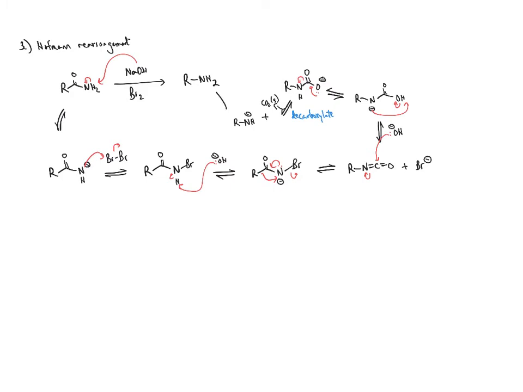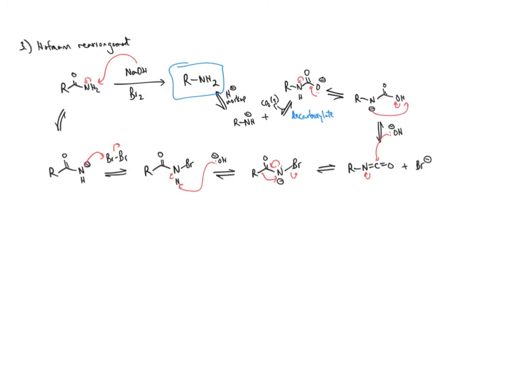And so all we have to do here is work up this reaction with a proton source, something like a strong acid, HCl or sulfuric acid, and we get the free amine again. So the Hofmann rearrangement and the Curtius rearrangement, if you're using the appropriate nucleophile, can give you free amines as your product structures.